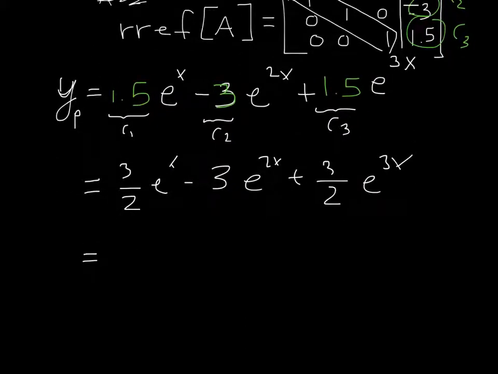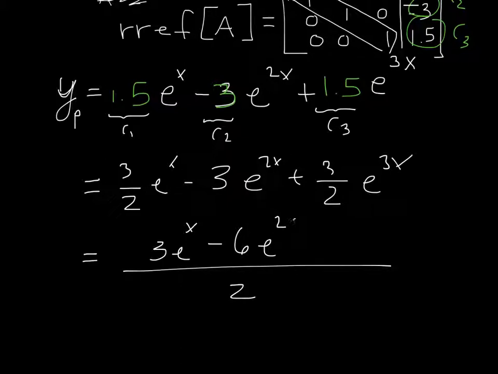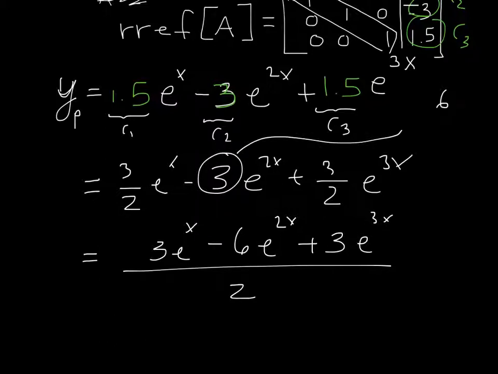I mean, this is just a big fraction, right? We can find the common denominator. We know 3 is really the same thing as 6 halves. So we can write 3e to the x minus 6e to the 2x plus 3e to the 3x, all over 2. So I just added fractions, right? This guy is really 6 over 2.